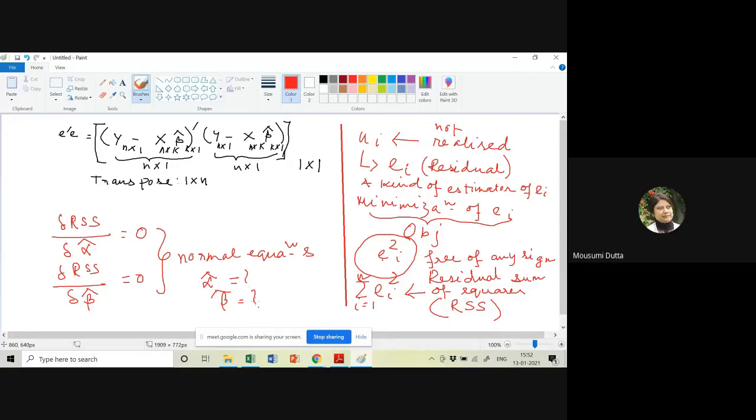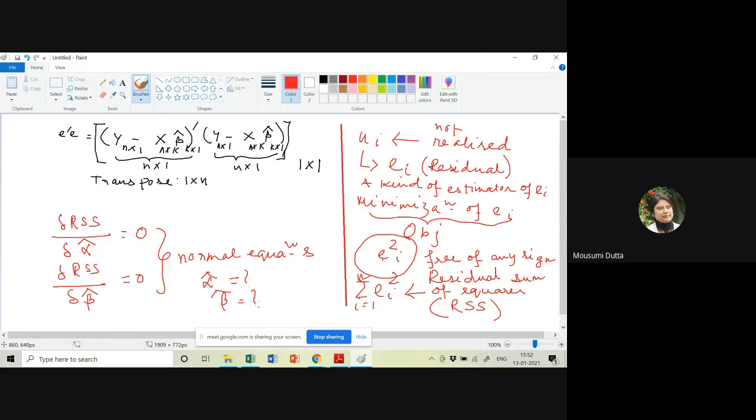So here we will do the same thing. Everything we need to present in terms of matrix algebra because we are considering all k variables. Instead of two normal equations, we will have a set of normal equations because here we are dealing with k number of parameters.